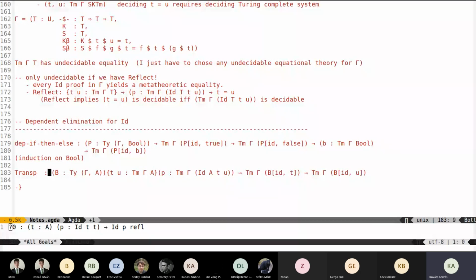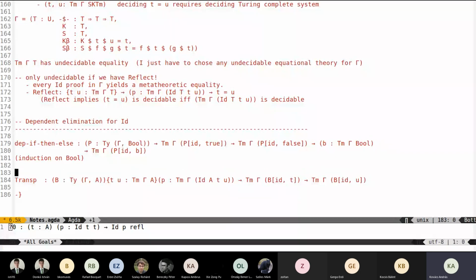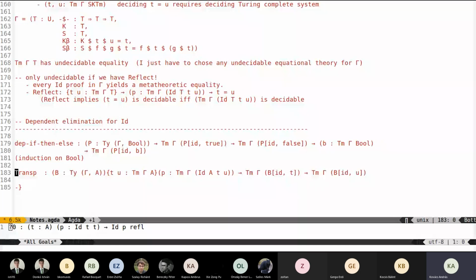So I have a type which does not depend on ID, and I just want to write a non-dependent function which goes from ID T U and B of T to B of U. So this is a kind of recursion principle for identities. But there is also an induction principle for identities, which is called J.